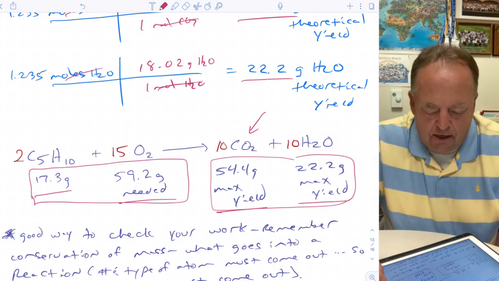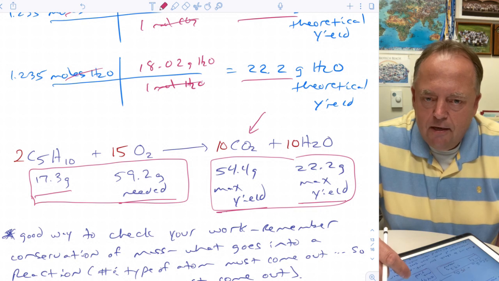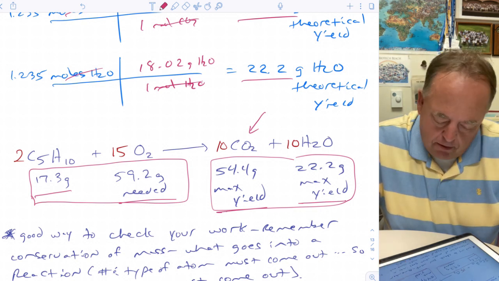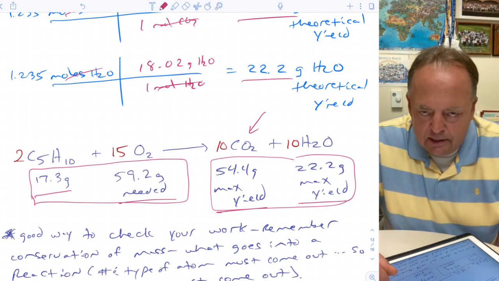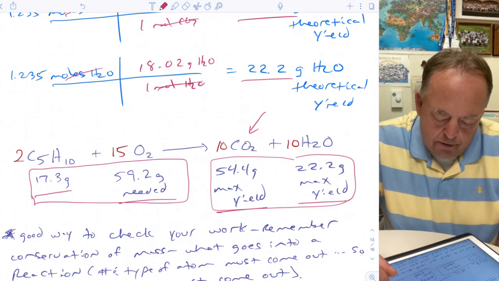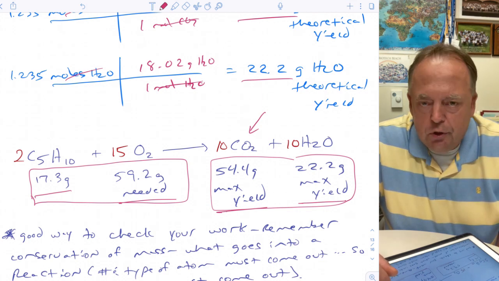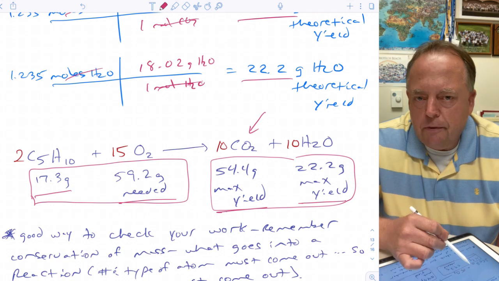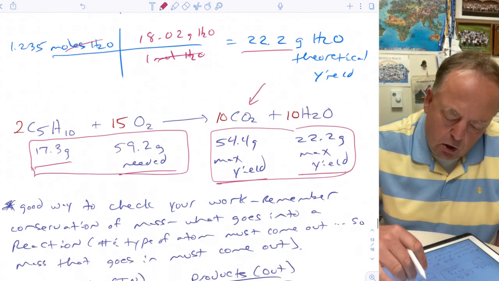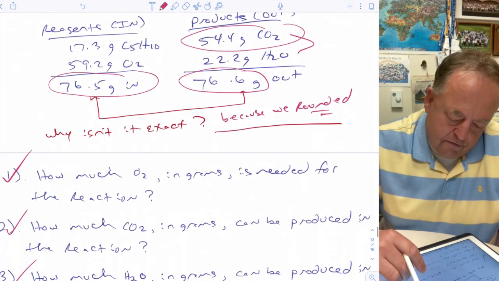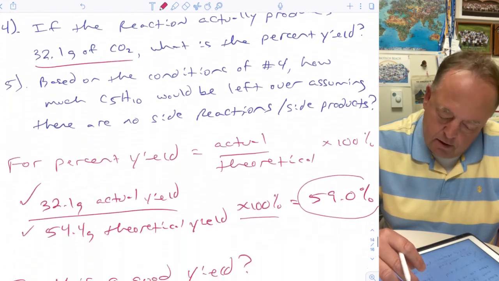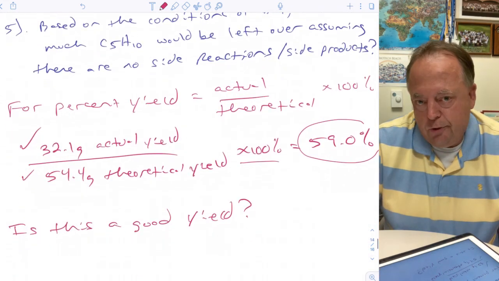Well, that depends. If you're the only one in the world that can make it, then that's a pretty good yield, right? But if there's another company that can make it in 75% yield, then your 59% yield is no good unless your starting materials were cheaper than theirs were, right? So it's all relative, right? If nobody else can make it, then the fact that you can make any is pretty good.